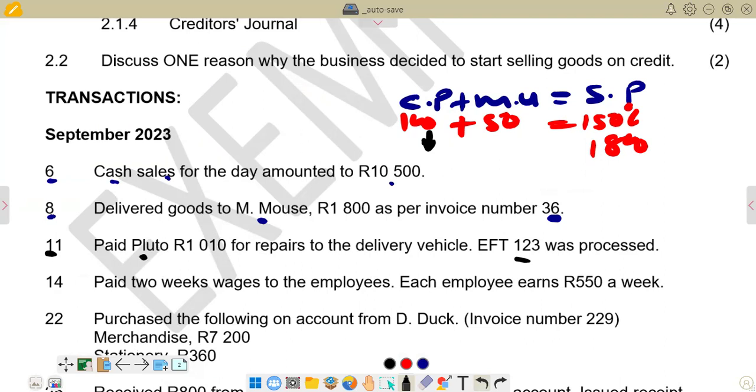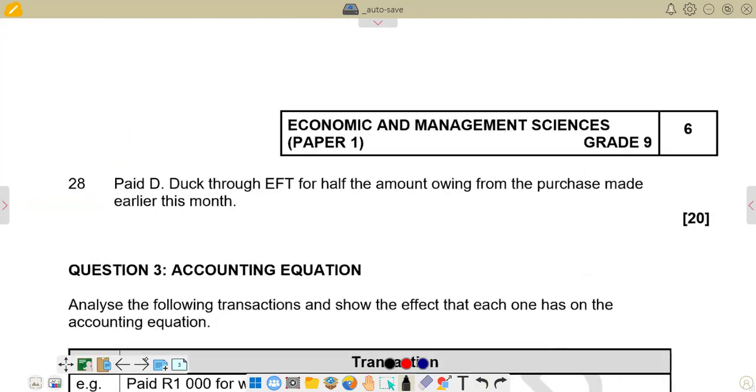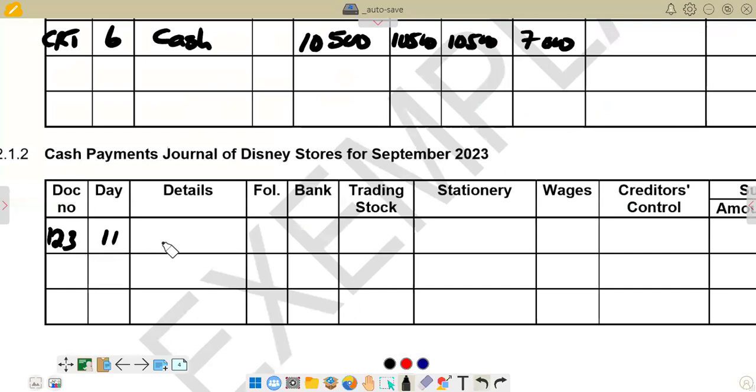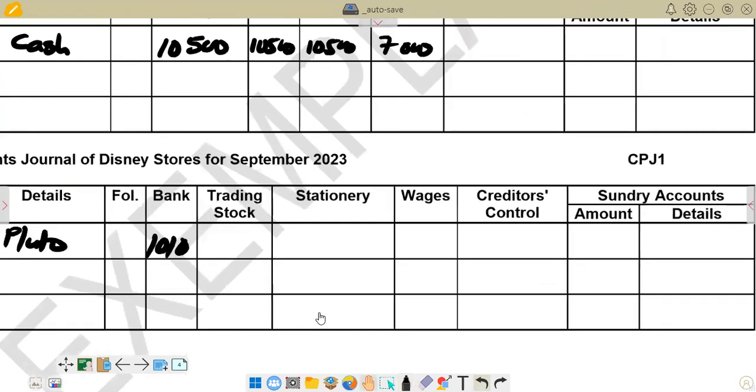So we can just go click there. Try to adjust the sign. So other details, we're putting the name of the person being paid or business being paid, in this case being Pluto, and then under pay we put 1,010. And then we go to sundry accounts, and the amount is 1,010. So we can just try to go under the sundry account.